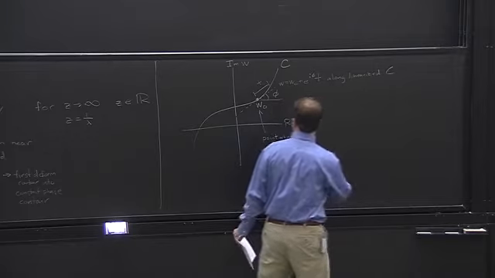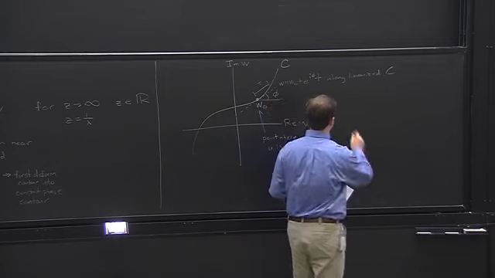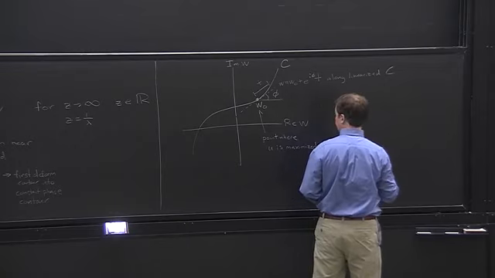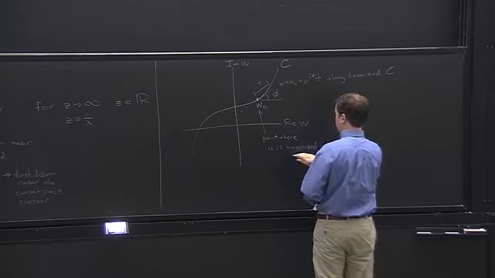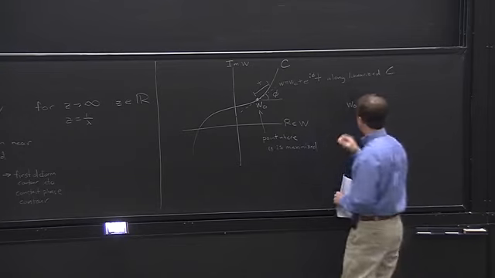So what do we know about this point W naught? The point W naught is a local maximum of the real part of f.